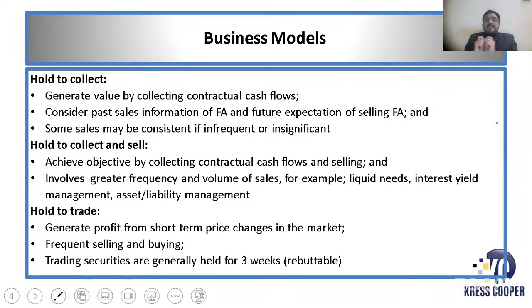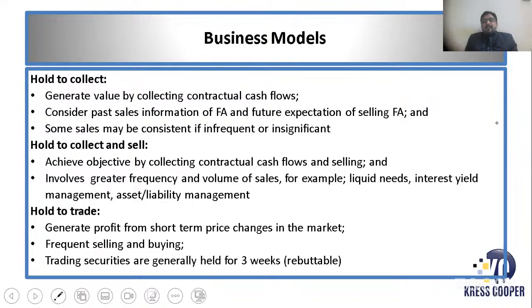Bank advances loans to the borrowers and keeps that contract with itself till its maturity. It does not sell that contract to some other person or transfer the contract to some other person. It keeps that contract with itself and keeps on receiving the contractual cash flows from the borrowers till maturity. It is the business model of hold and collect.